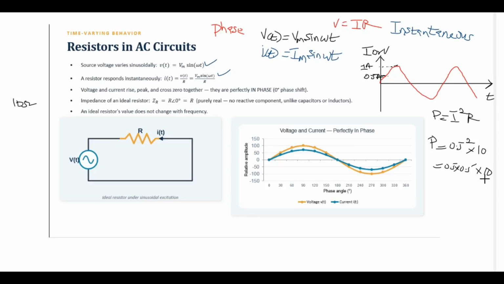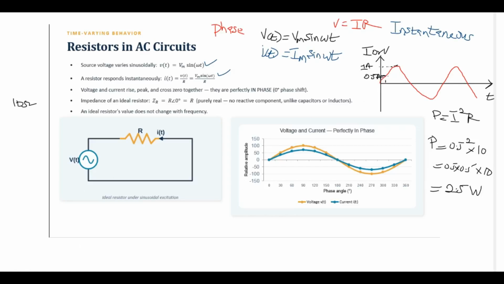That'll give us 0.25. Let's confirm the value. Okay, so that is 2.5 watts at the instant that the current is 0.5 amperes.